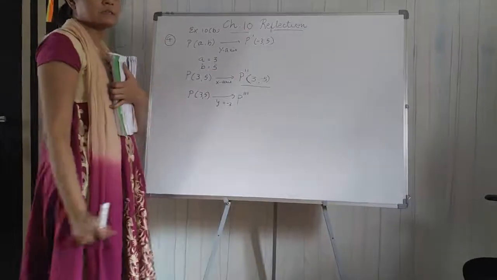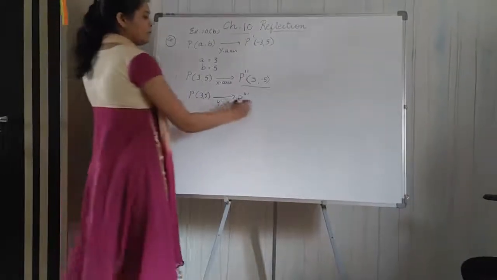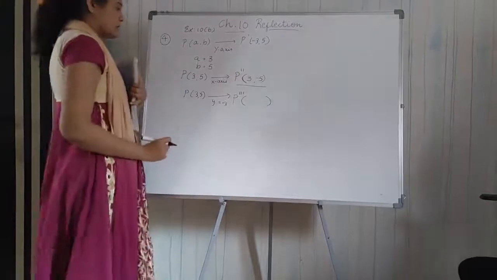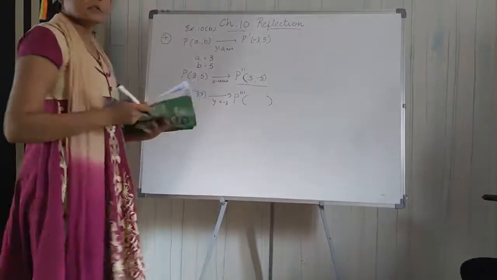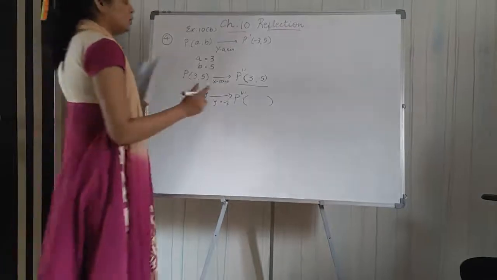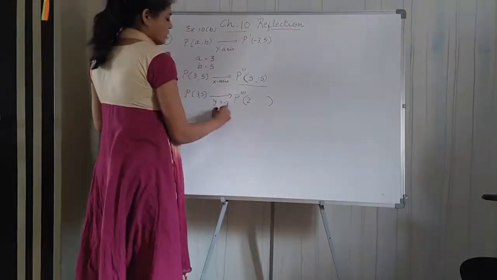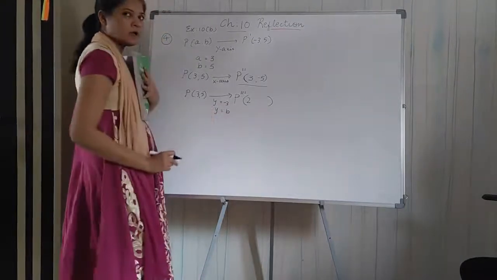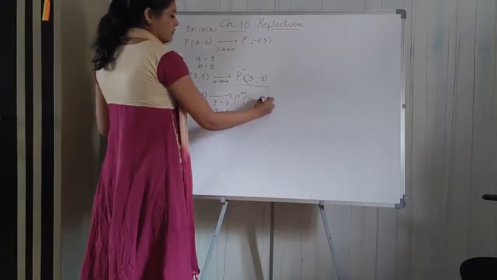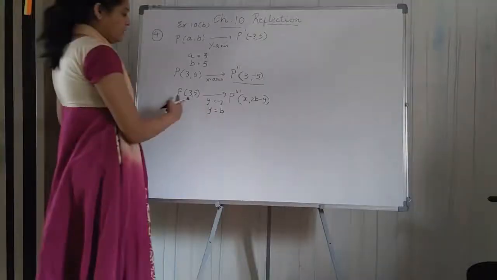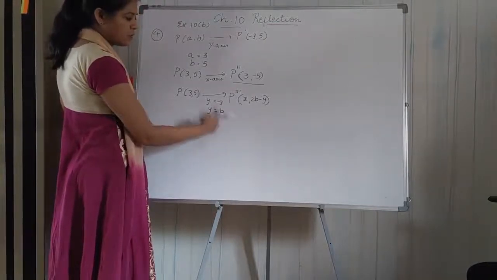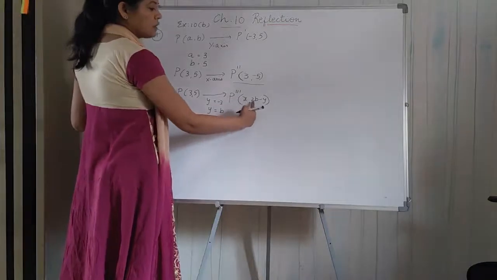In the last video, students, I explained a theory: when we want the coordinates of P''' under y = b, the image is (x, 2b - y).